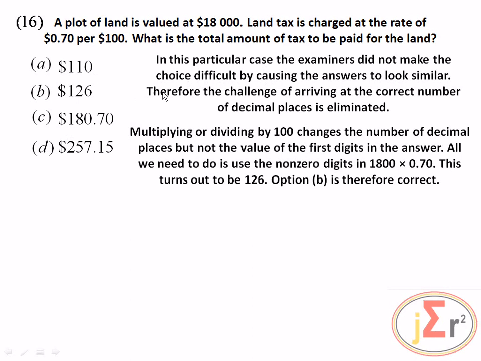In that particular case, we will have to be on top of our games and ensure that the calculation is done correctly. But by just having the 126 here being unique among the options, we are sure that option B is correct, and we do not even need to take a second look at what we are doing.